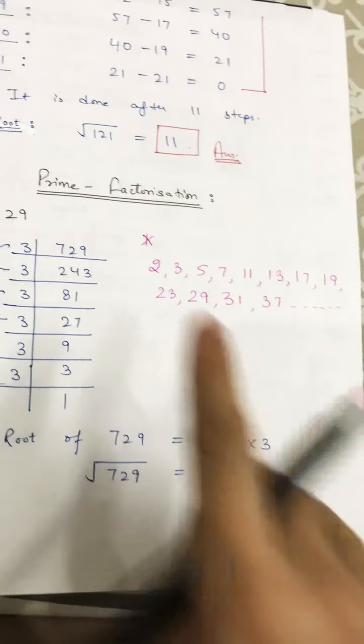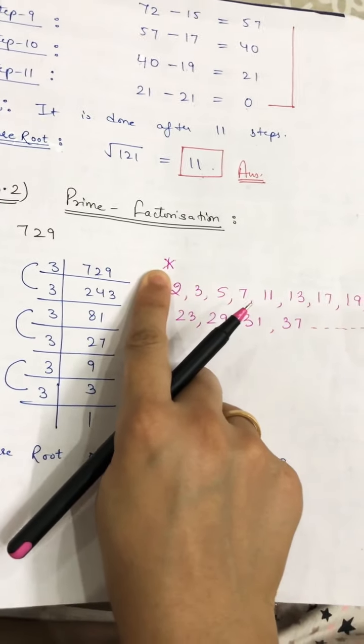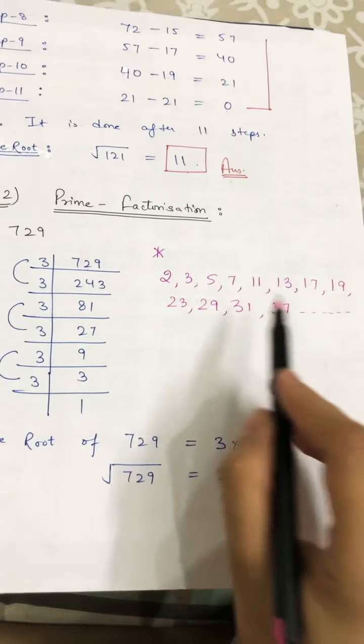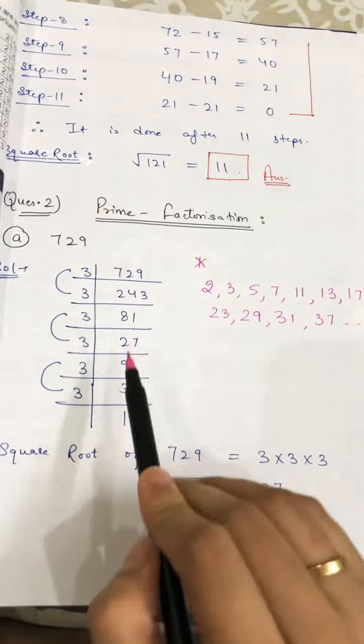You will never start from 1, never ever. So these are the prime numbers. From here you have to do your LCM.